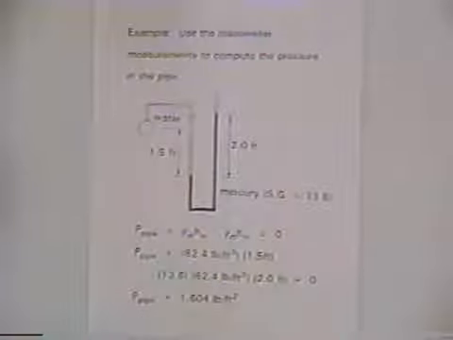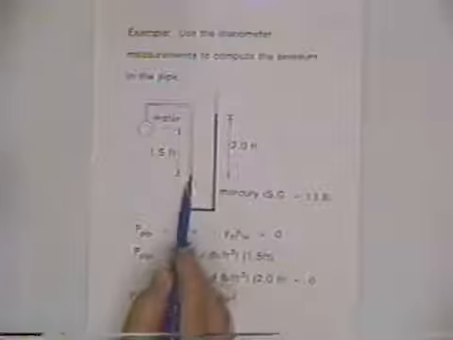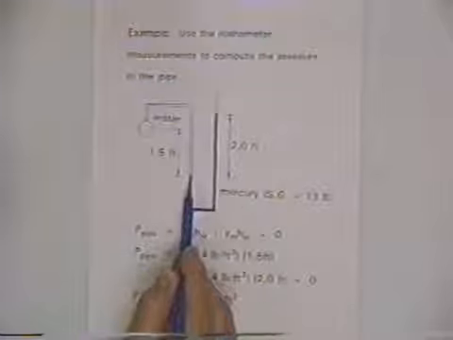Mercury doesn't rise nearly as much as water, since it has a much greater density. And so typically, in many cases, we'll use mercury in a manometer. What we read is where the meniscus of the mercury is here and here, and there's a 2 feet difference. And from that 2 feet difference, we can compute the pressure in the pipe.